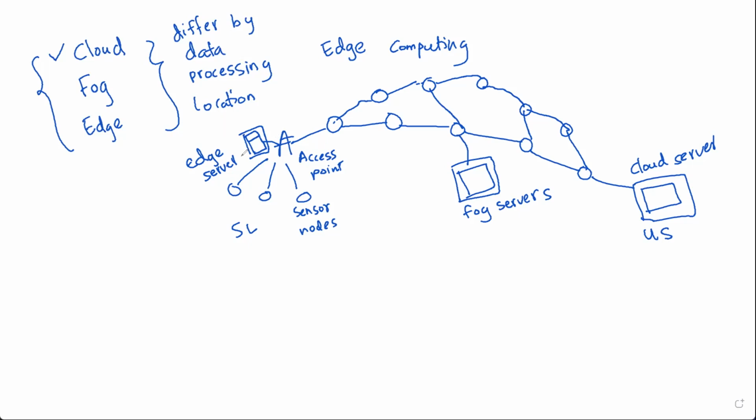The computation done at the access point, we call edge computing. In situations where we require very high efficiency and very low latency, we sometimes can do the computation at the edge server and get the information back within a very small number of seconds, like within 1 millisecond or below 1 millisecond.